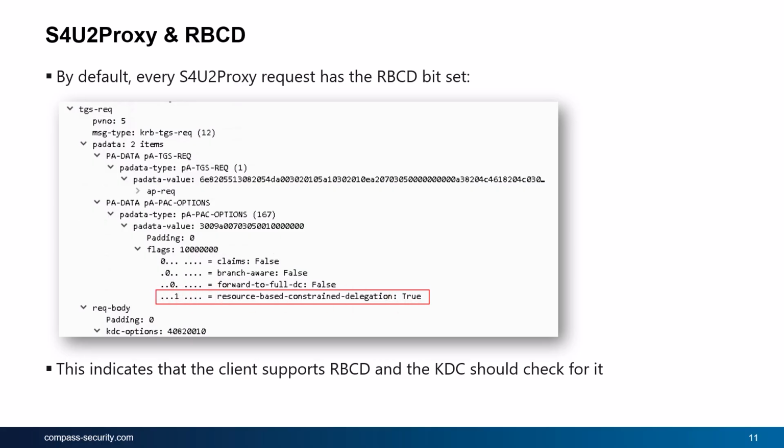This is a default configuration if your systems are modern enough, or up to date enough, to know about resource-based constraint delegation. What this indicates is that the client that triggered this S4U2Proxy request supports the resource-based constraint delegation mechanism, and the KDC should check accordingly if there's a configuration that would allow the S4U2Proxy in this case.